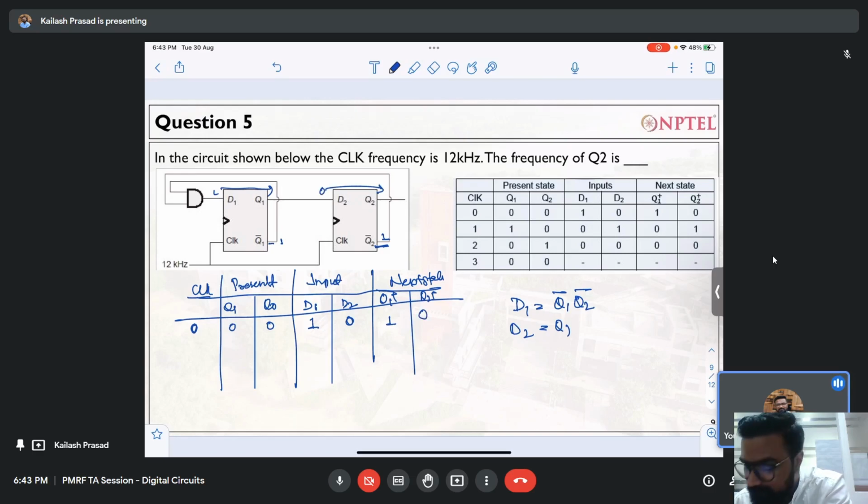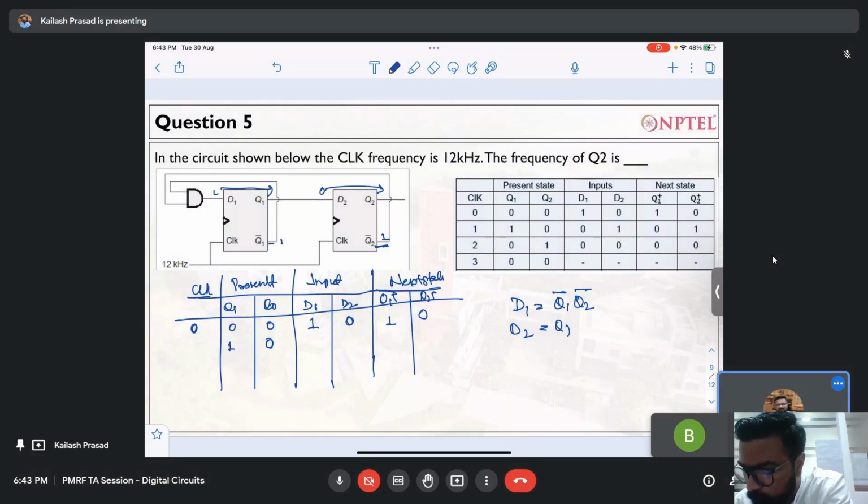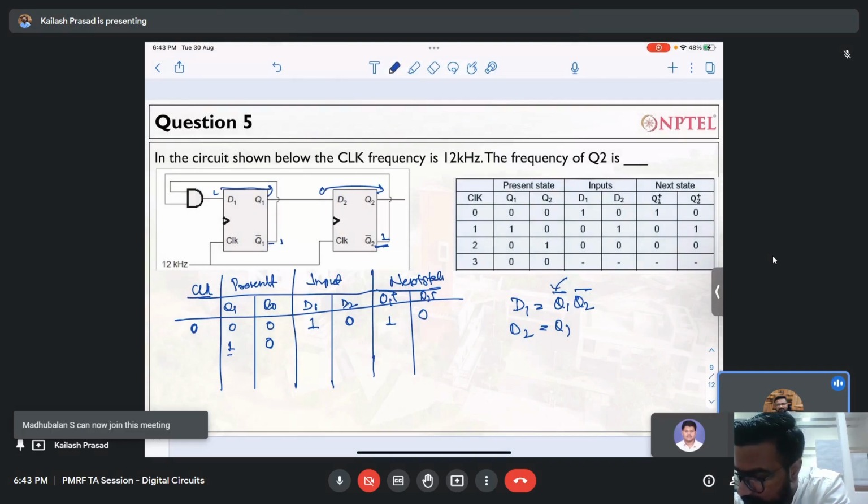Now the next state becomes the present state, 1 0. Let us see d1 and d2. d1 is q1 bar AND q2 bar. q1 is 1 and q2 is 0, so q1 bar will be 0. If any input of an AND gate is 0, the output will be 0.